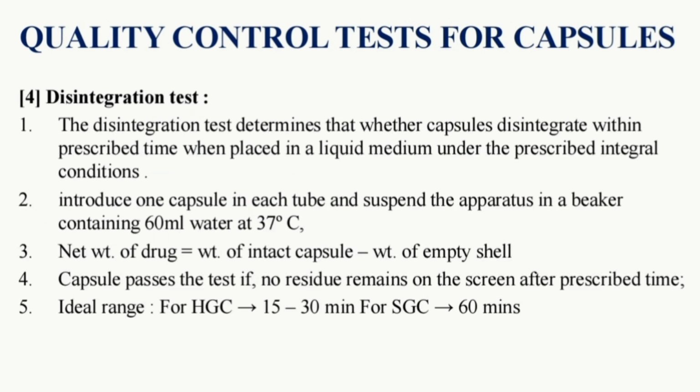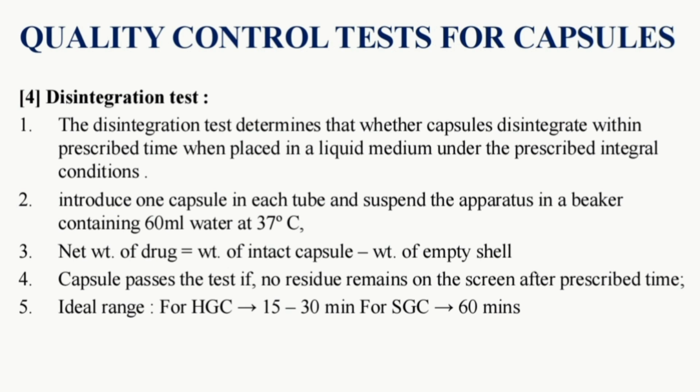Then the disintegration test. The disintegration test determines whether the capsules will disintegrate within the prescribed time when placed in the liquid medium under the prescribed conditions. We will go for those conditions and test the capsule in that environment. Introduce one capsule in each tube and suspend the apparatus in a beaker containing 60 ml of water at 37 degrees Celsius.